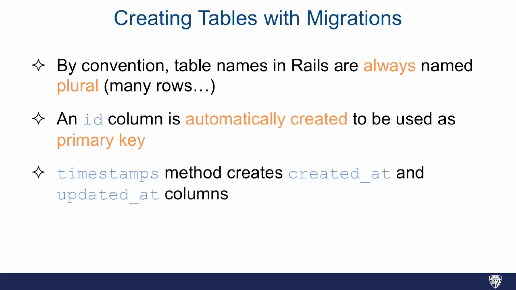There's also a method that automatically gets added to your migration, and before actually applying the migration, you could take it out if you want. It's a method called timestamps, and that's a method that creates the created at and updated at columns.